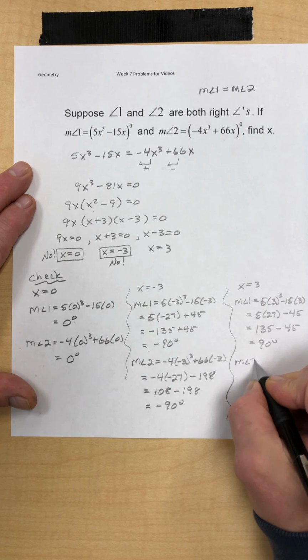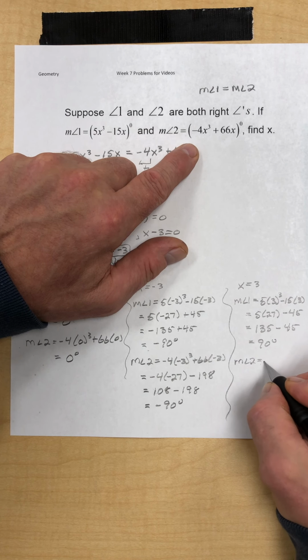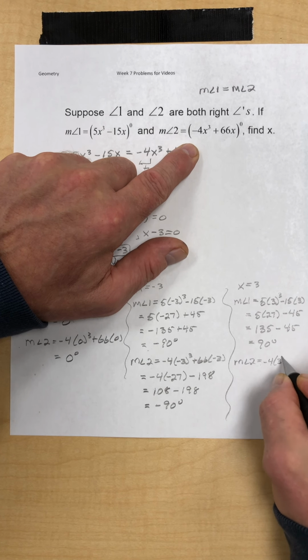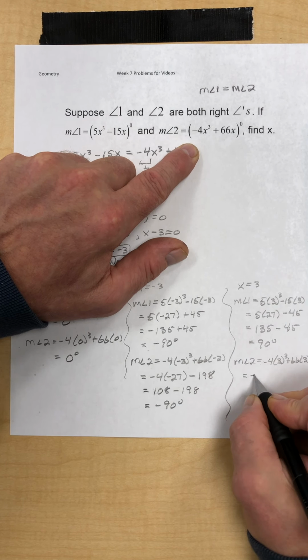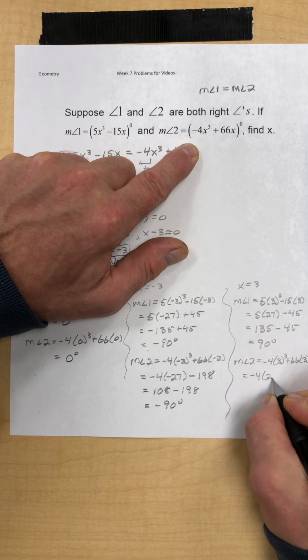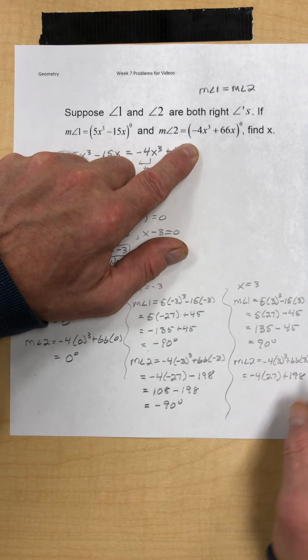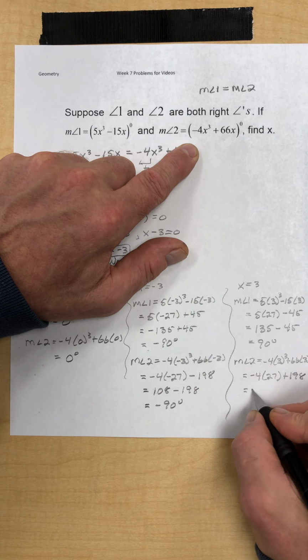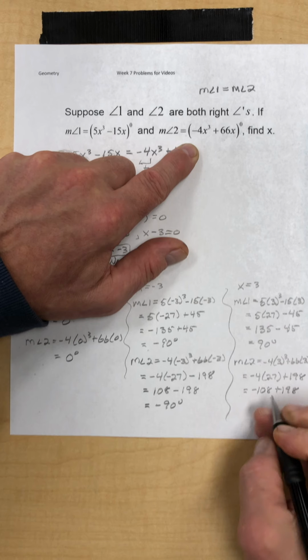So the measure of angle 2. We are going to go negative 4 times 3 cubed plus 66 times 3. So that is negative 4 times 27 plus 198. So that's going to give us a negative 108 plus 198.